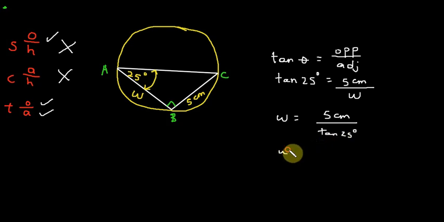And we simplify this further. 5 cm divided by the tan 25 will give us 0.466. So W equal, when I divide 5 cm by 0.466, we will have 10.7 cm, correct to one decimal place.